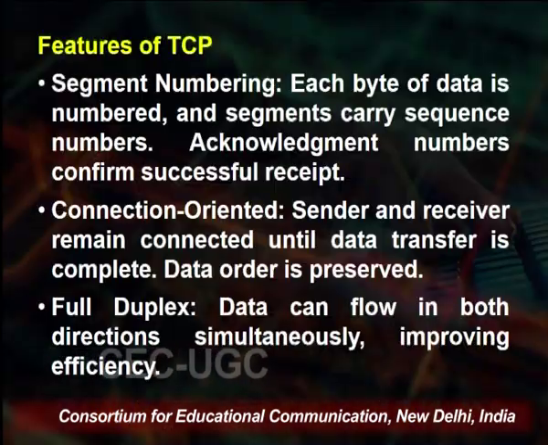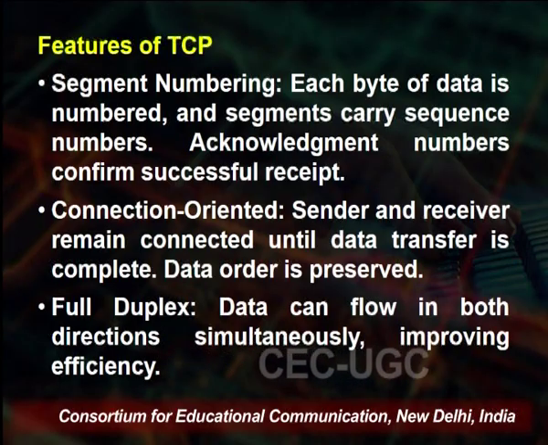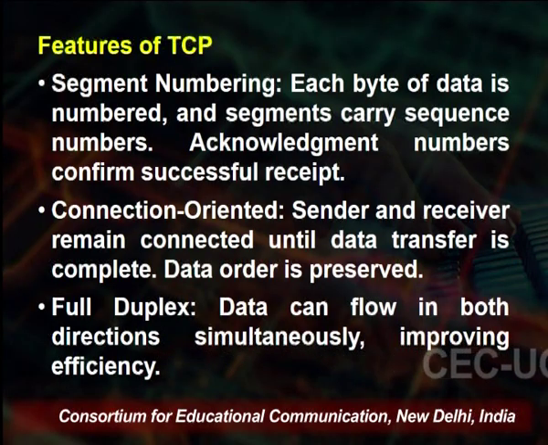In order to ensure this kind of functionality, TCP does segment numbering. Each byte of data is numbered and segments carry the sequence number. The acknowledgement number confirms the successful receipt. Now when we say connection oriented, the connection in TCP, or we can say the sender and receiver, will remain connected until the data transfer is complete.